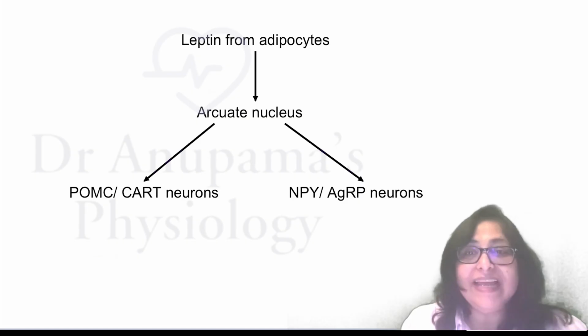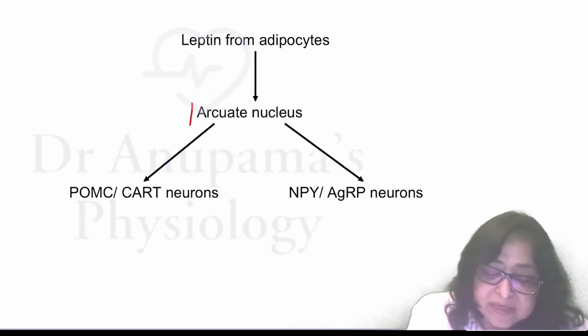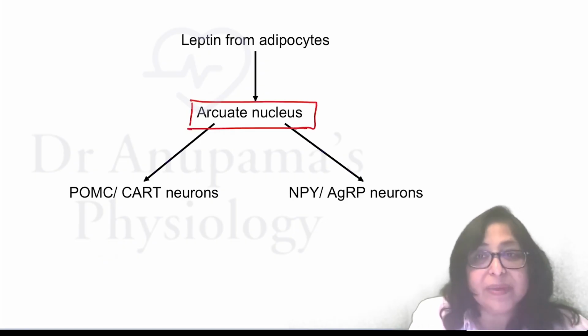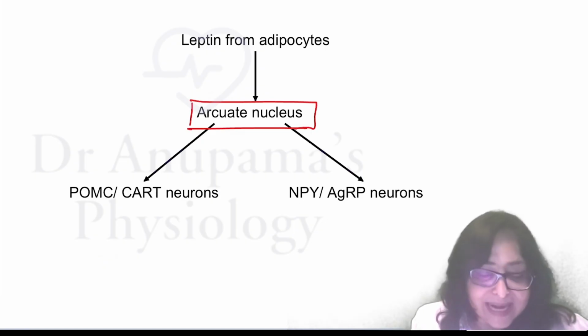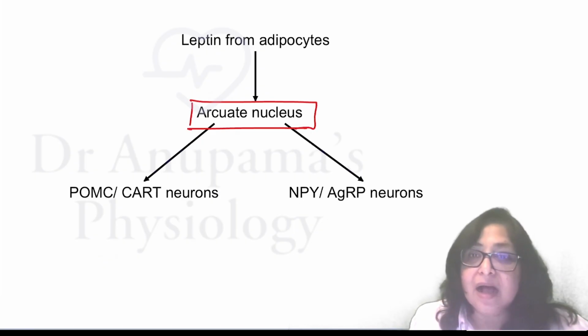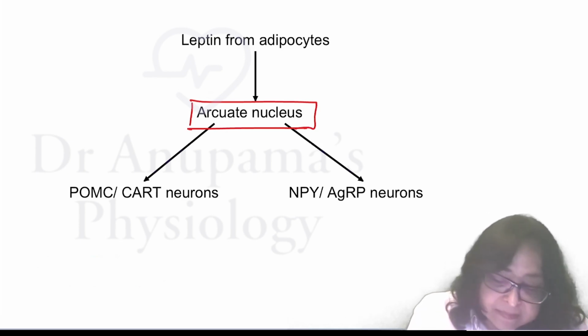Now, what does the leptin do? Leptin from adipocytes acts on the arcuate nucleus. There are two types of neurons in the arcuate nucleus, the POMC or the CART neurons. POMC is pro-opiomelanocortin, and CART stands for cocaine and amphetamine related transcript neurons. They decrease appetite.